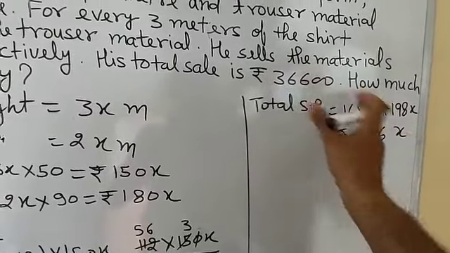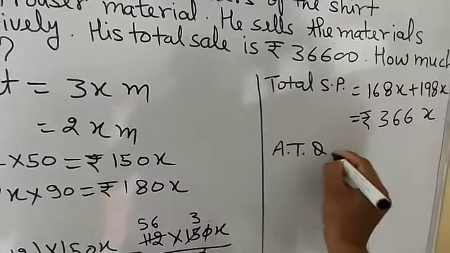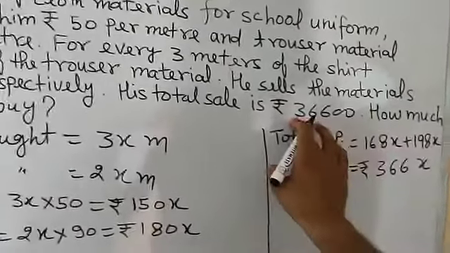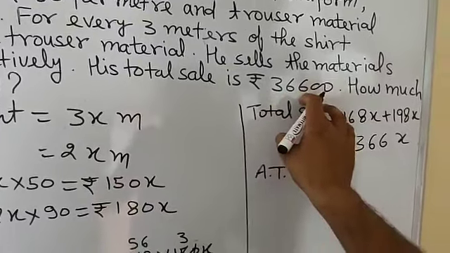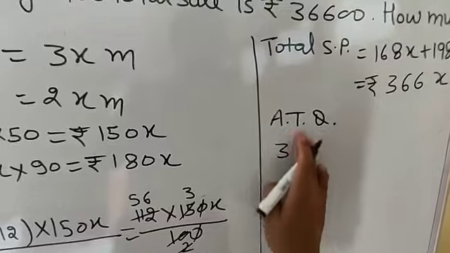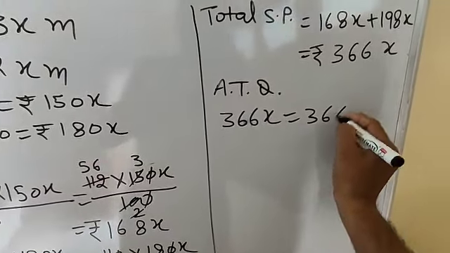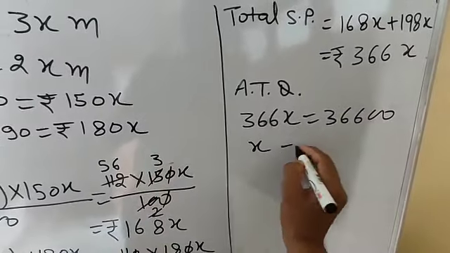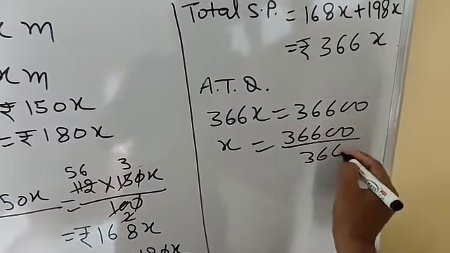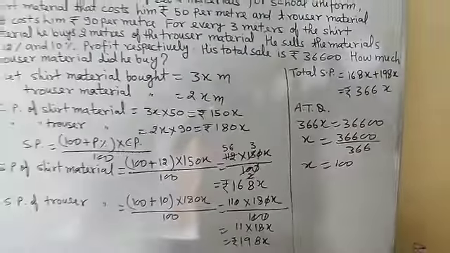Both will be the same. So 366x equals 36,600, and x equals 36,600 upon 366, so x equals 100. So here you got the value of x.